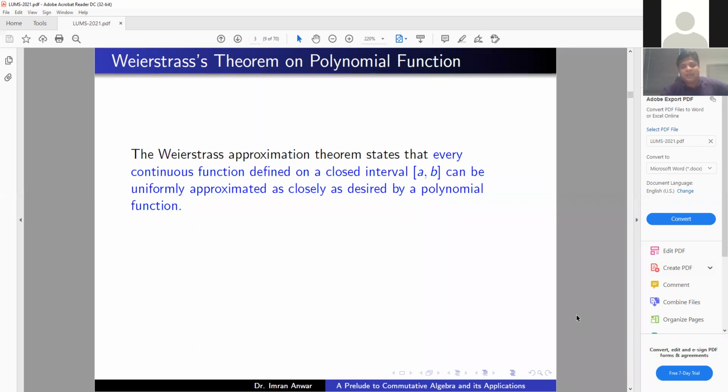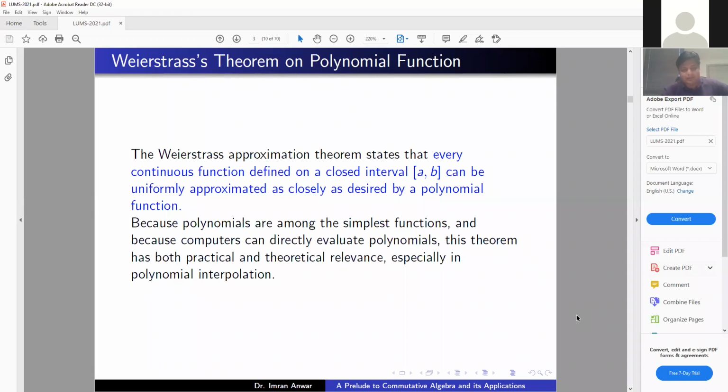Polynomials are among the simplest functions, and computers can directly evaluate polynomials, so this theorem has both practical and theoretical relevance and has been used extensively in the literature. These slides indicate the importance of polynomials in mathematical analysis.